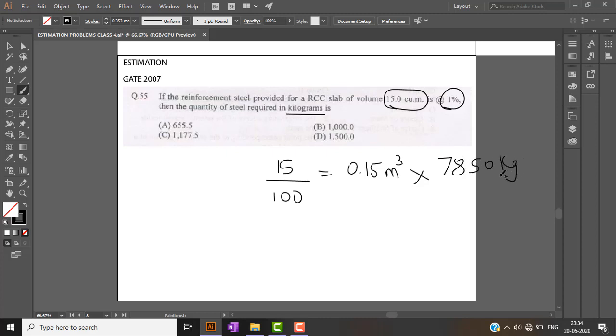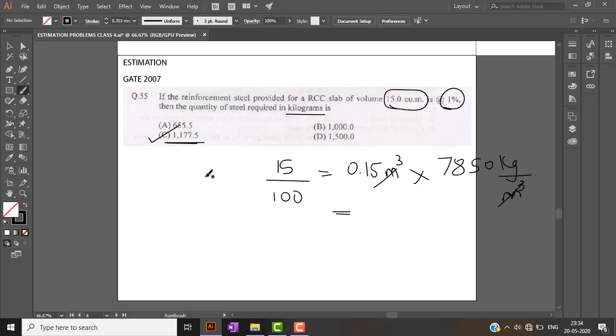When you solve this, 0.15 into 7850, it's nothing but 1177.5. Okay, so this is the answer. All you have to do is take the volume and multiply by its density.